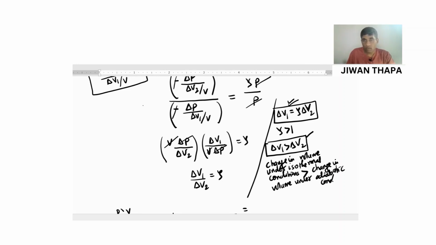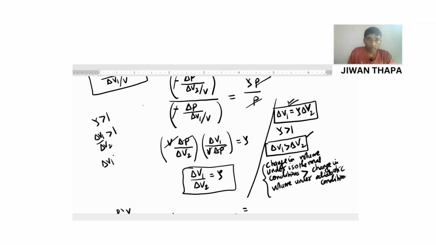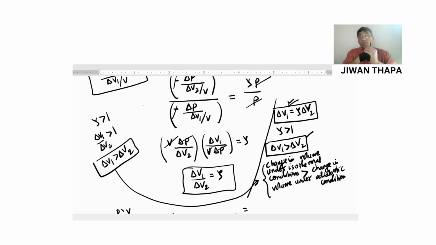We can also understand it this way: since gamma is delta V1 by delta V2 and is greater than 1, delta V1 is greater than delta V2. So the change in volume under isothermal condition is greater than the change in volume under adiabatic condition.